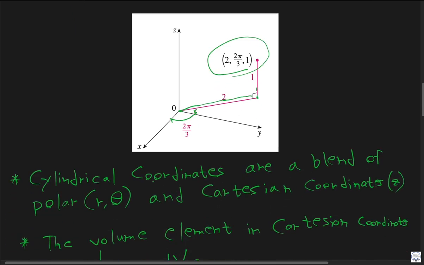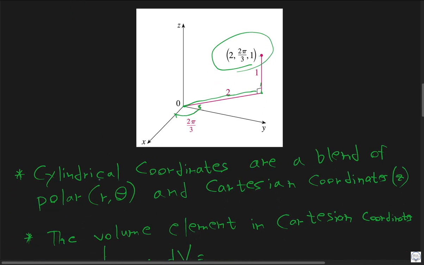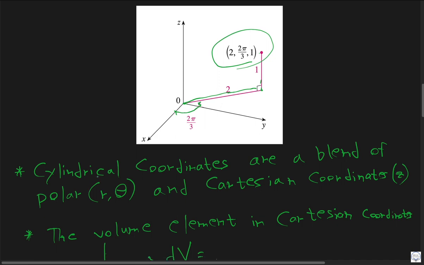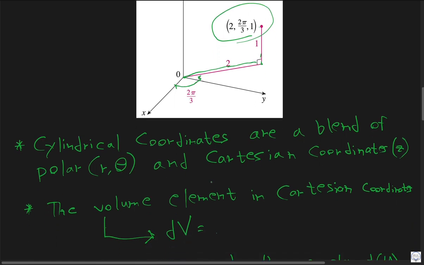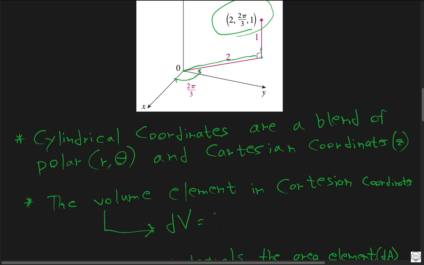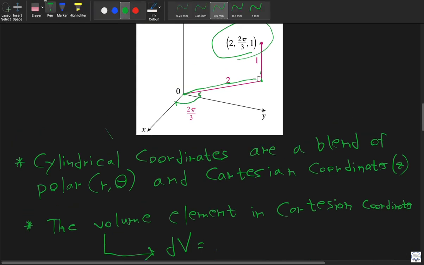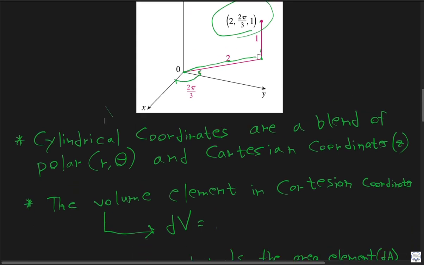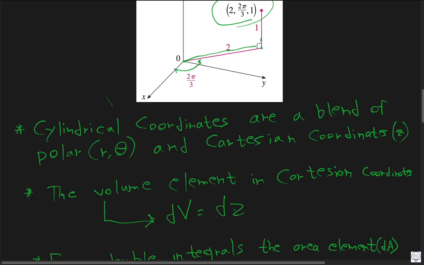Now, as I have mentioned before, the cylindrical coordinate system is just a combination or a blend of the polar coordinate and the Cartesian coordinate. The volume element in the Cartesian coordinate is, let's say, dz dy dx, or any other permutation of them.